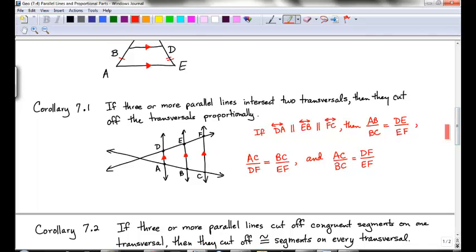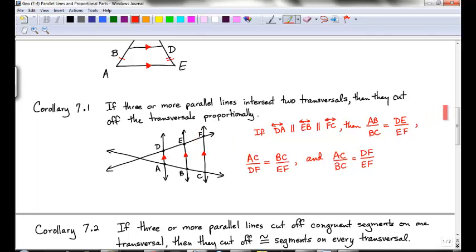Okay, Corollary 7.1. If three or more parallel lines intersect two transversals, these are your transversals, this line and this line, and here's your three parallel lines, they cut off the transversals proportionally. So if you look at this, AB is to BC, as DE is to EF.